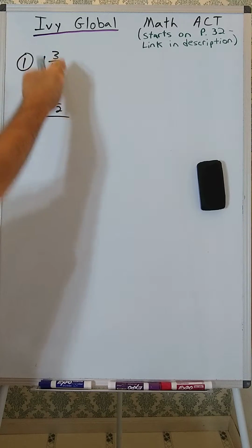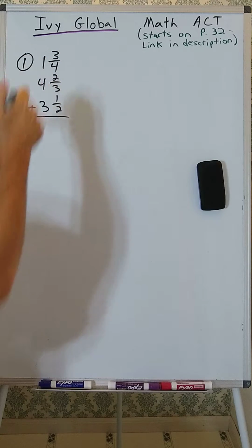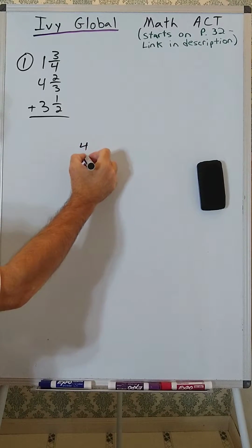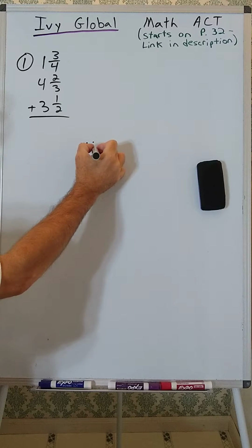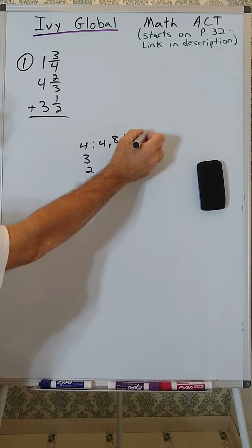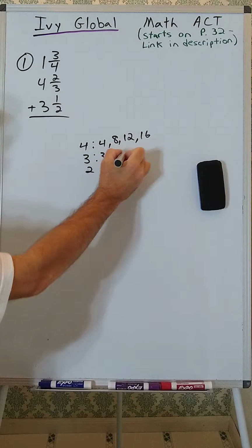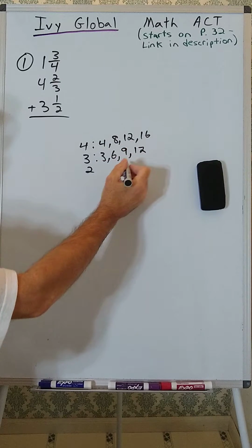Okay, the fractions are different portions of a bag, so in order to be able to add those, I need a common denominator. If I count by 4 and 3 and 2, so I count by 4: 4, 8, 12, 16, and so on. Count by 3: 3, 6, 9, 12.